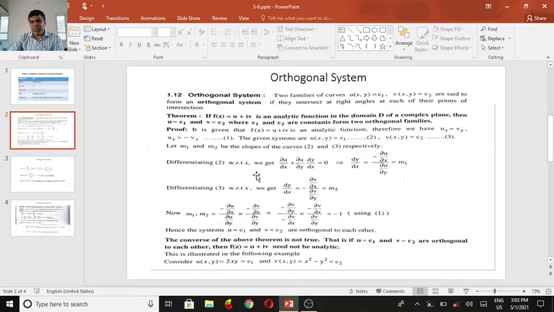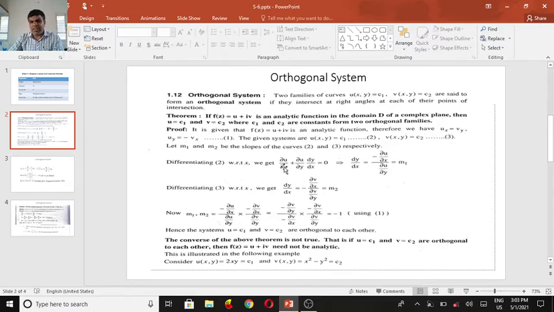Differentiating 2 partially with respect to x: dou u by dou x plus dou u by dou y into dy by dx equal to 0, since the derivative of the constant is 0.